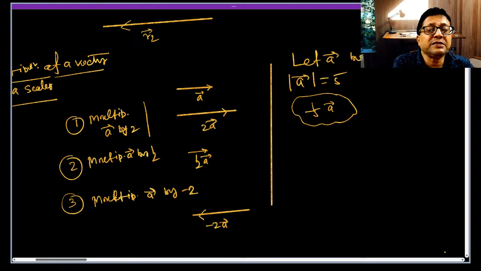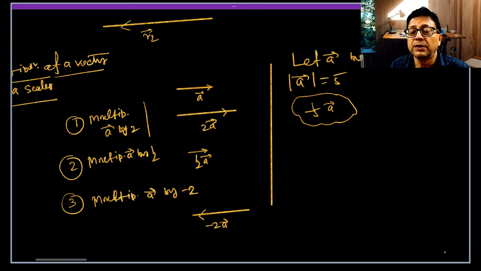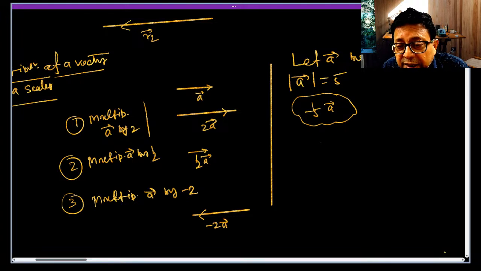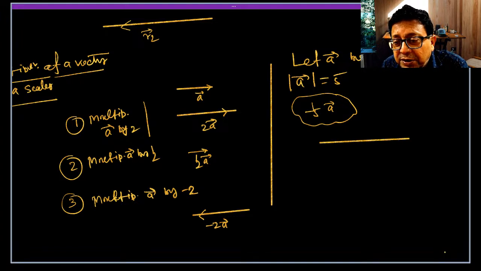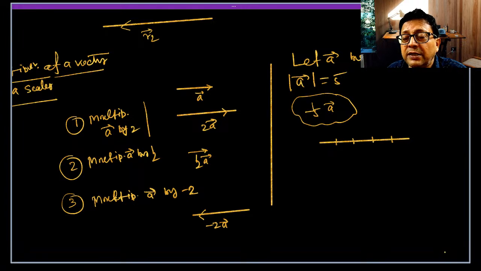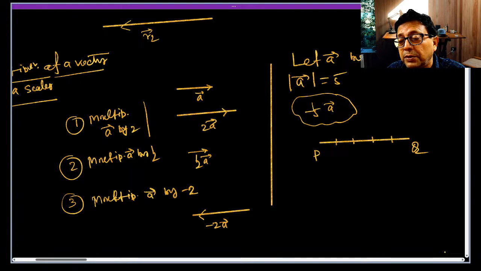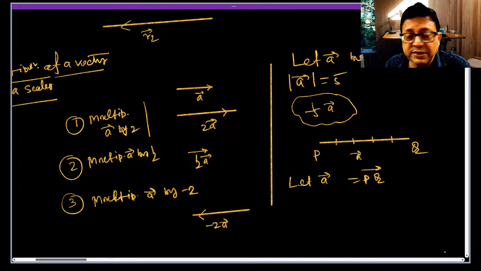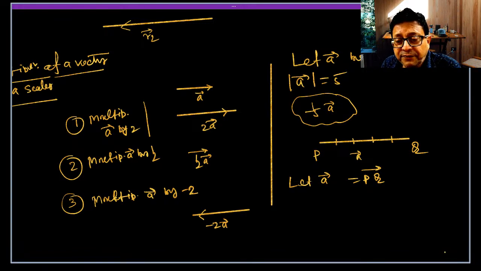The way we have divided previously, just the magnitude will be 1/5. So if there is a vector A of magnitude 5 units, this is 1, 2, 3, 4, 5. Suppose this is a vector A. This vector we have taken, say PQ. PQ is a vector. Okay? Let A equal to PQ vector. Okay? Now 1/5 of A.